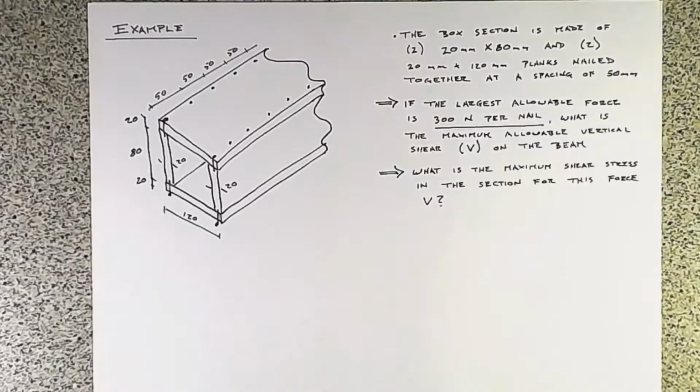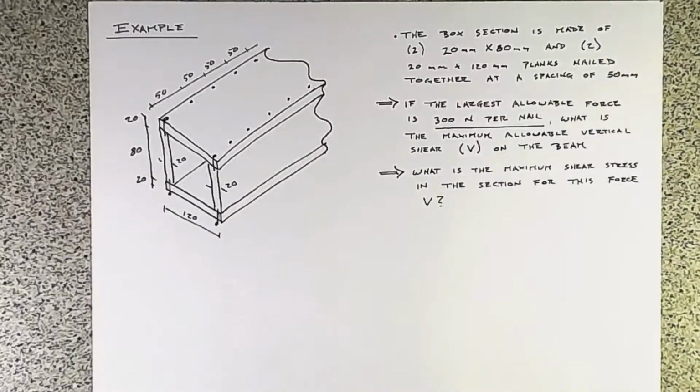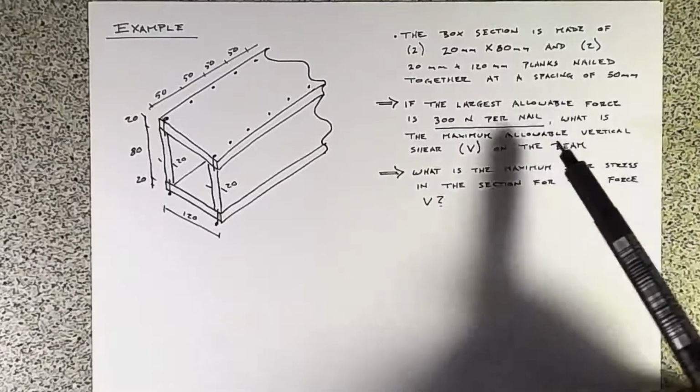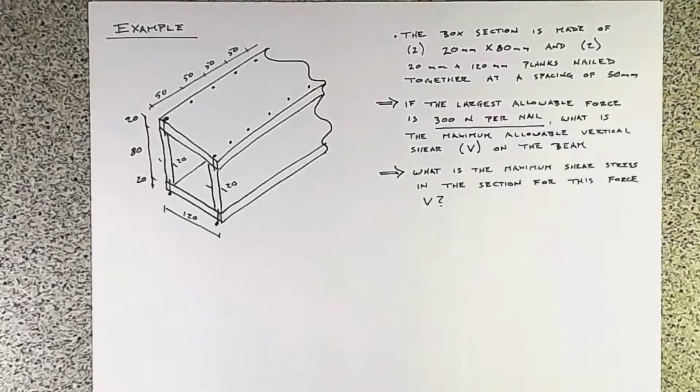If we go through the question here, we've got a box section made up with these dimensions over here. It says that the largest allowable force per nail, so for each one of these, is 300 newtons.